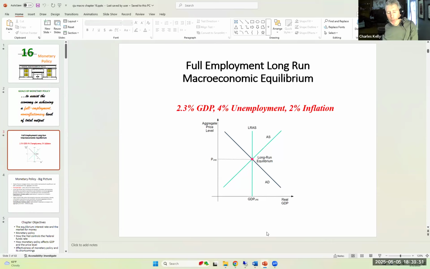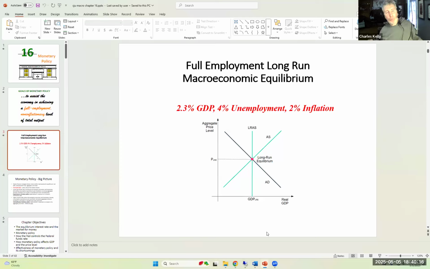And E for equilibrium. So on the vertical axis on this graph, we're measuring the aggregate price level, aka inflation, right? We'll call it the consumer price index. We could use the personal consumption expenditures index, that's what the Fed prefers, or the producer price index or the GDP deflator. Let's just call it the CPI. So we're measuring inflation.